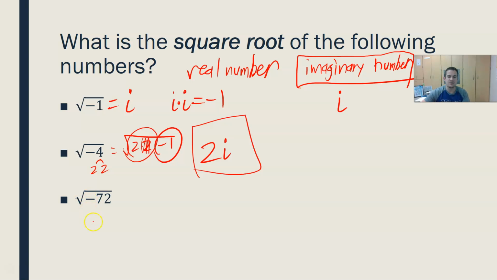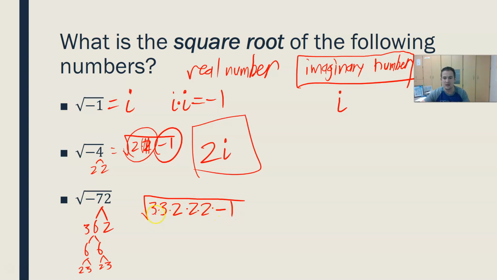So for example, the square root of -72, if I break that down into its prime factors, looking at positive 72, I get 36 times 2, 6 times 6, 2 times 3, 2 times 3. Writing underneath my number prison, I get 3 times 3 times 2 times 2 times 2 times -1.